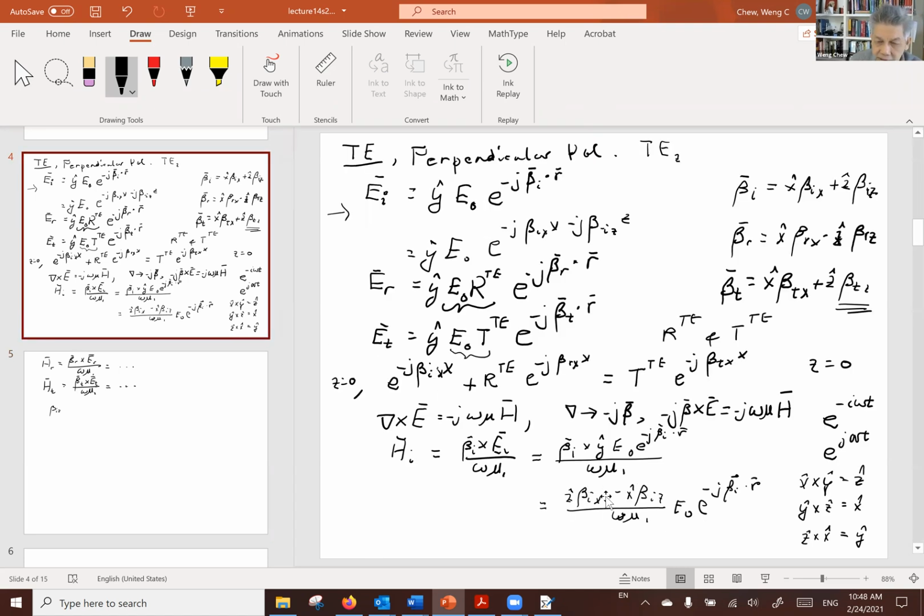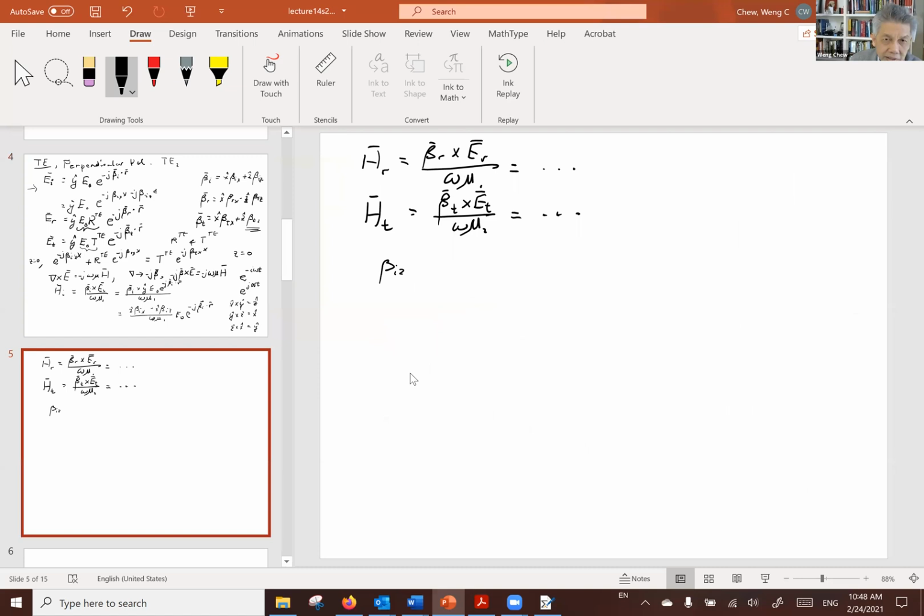The tangential component will be just the x component. The z component is not tangential, so I can just ignore that. So I write down the tangential component for region 1 for the incident field, and then set z equal to 0, and then divide by omega mu 1.